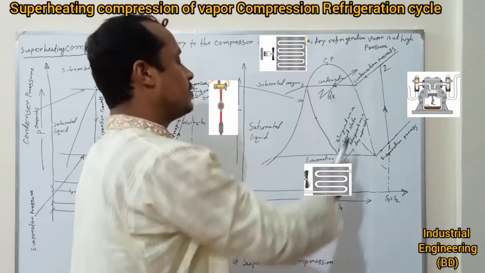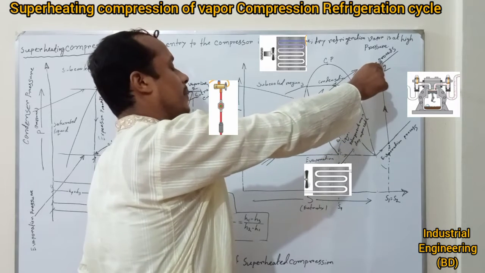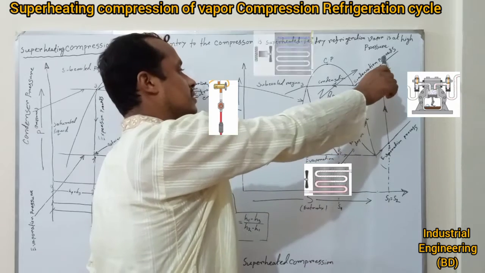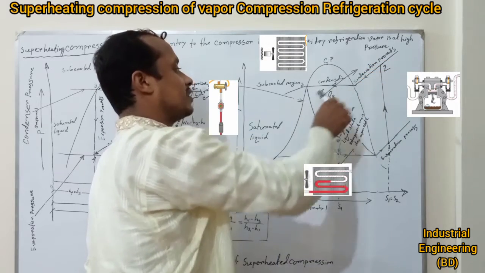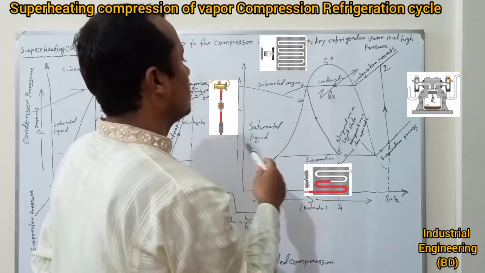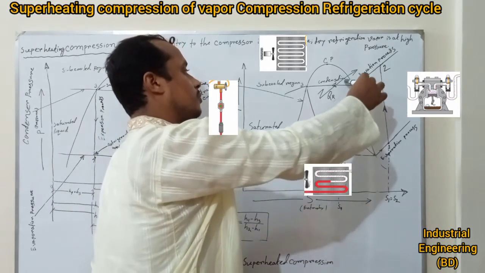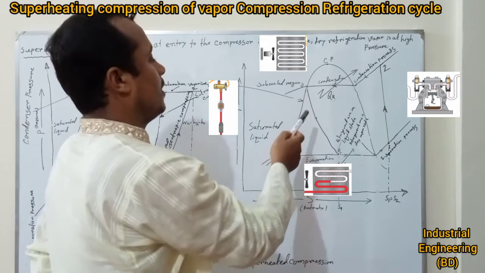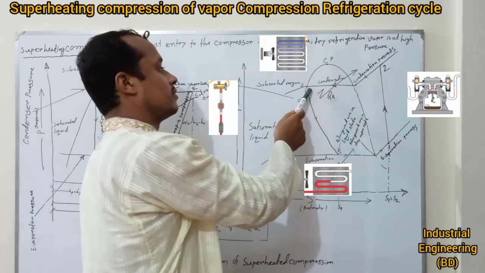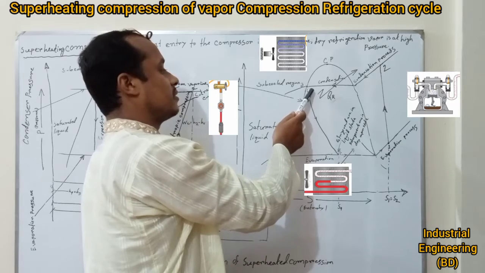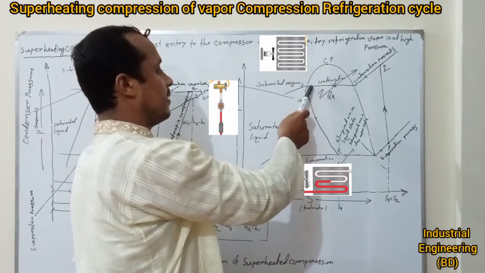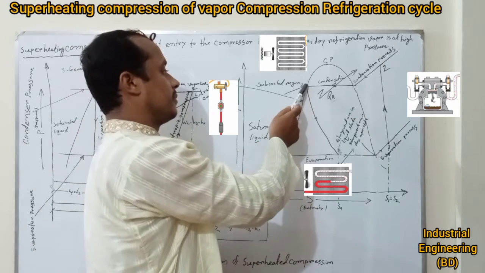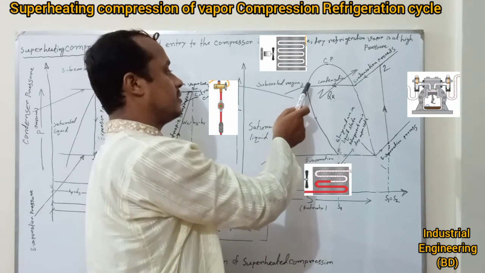Now this superheated vapor enters the condensation process. It passes through the condenser coil and rejects heat to its surroundings. After condensation at constant pressure, that means at constant temperature, the refrigerant is at point 3 as high pressure liquid.